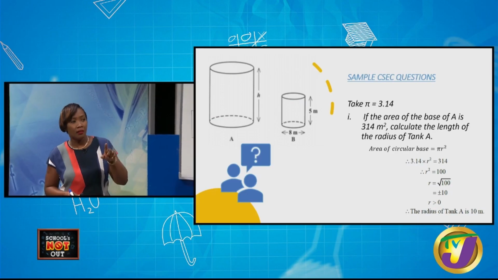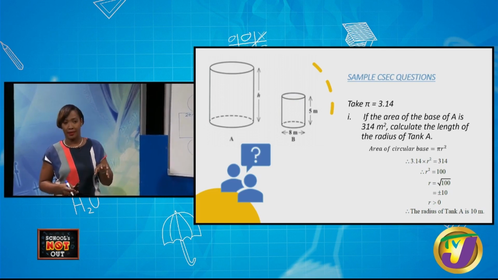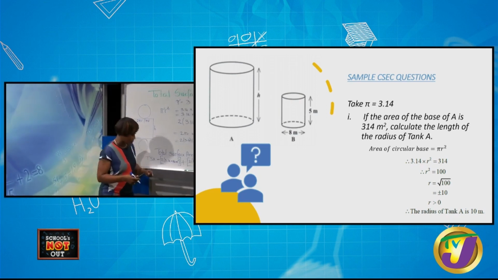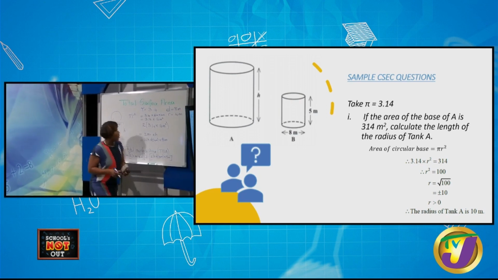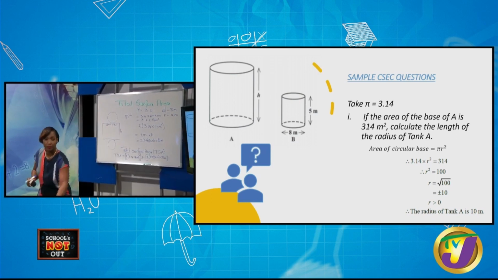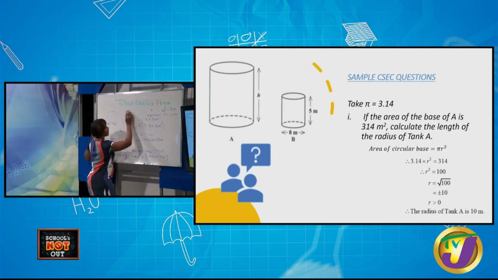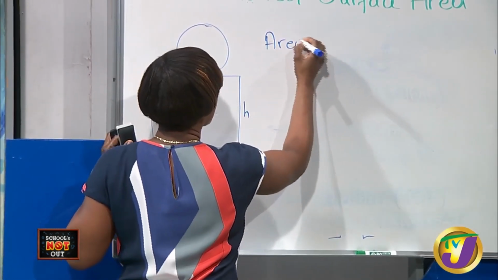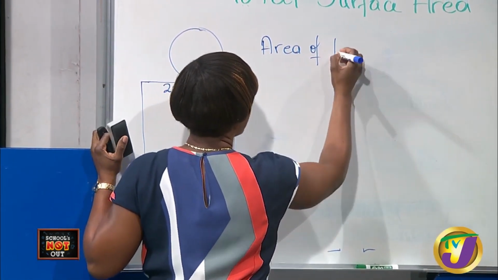but you're given the area of the base. Now remember, the base is a circle. So I'm going to take this off the board. Give me a minute. There you go. We're going to look at what the area of the base is.